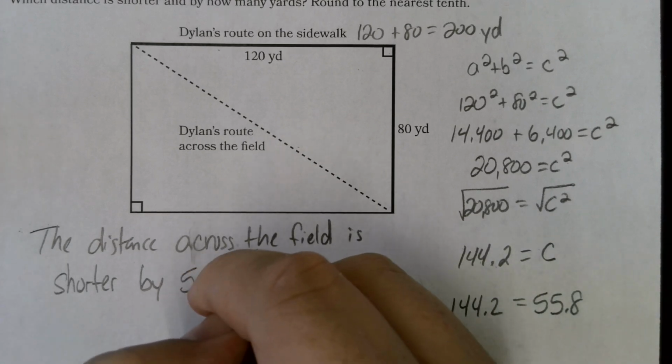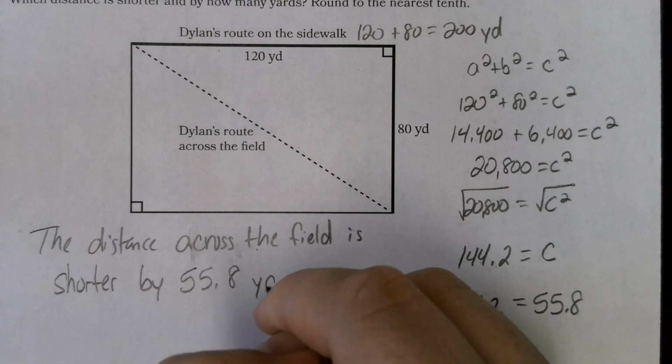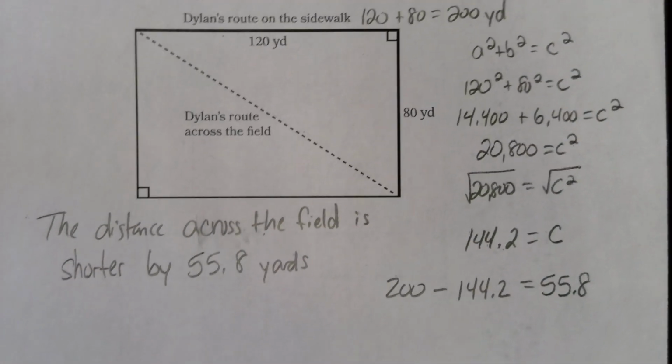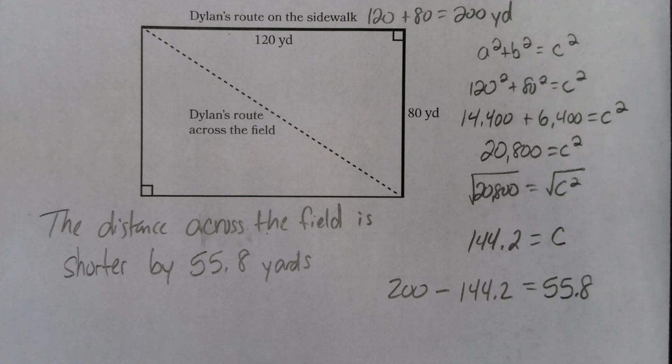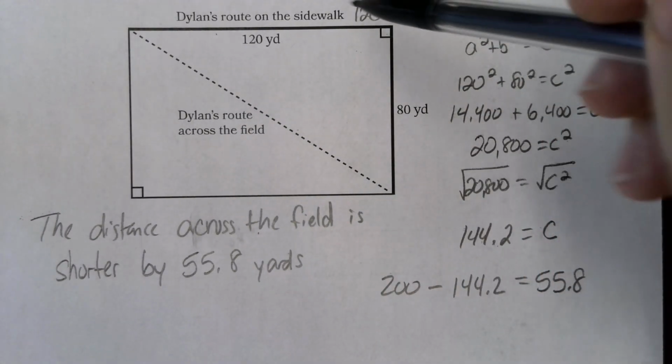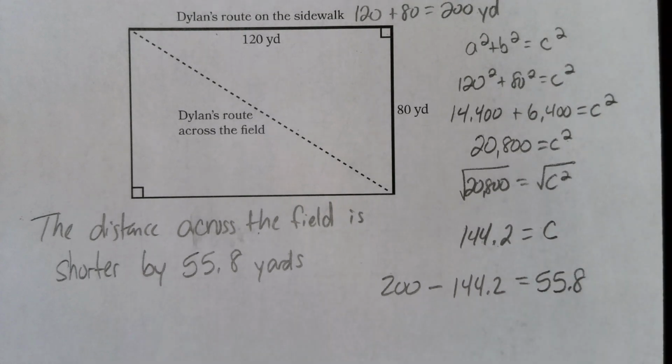So by 55.8 yards. You just use the Pythagorean theorem and compare those routes.